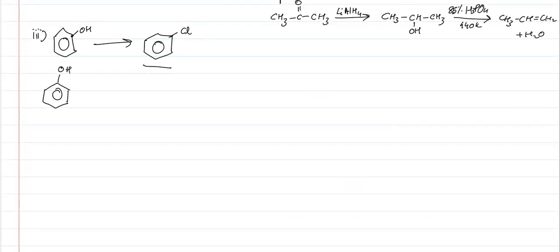So we're just kicking out the OH by reaction with zinc. So when that happens, it leads to the formation of benzene. And this particular reaction is a reaction of phenol with zinc dust. The second part is where we have to convert benzene to chlorobenzene.